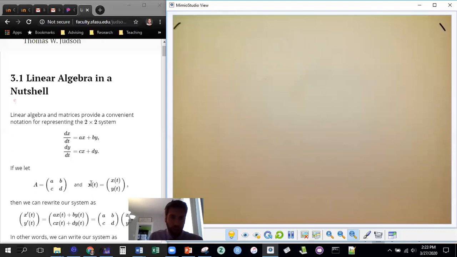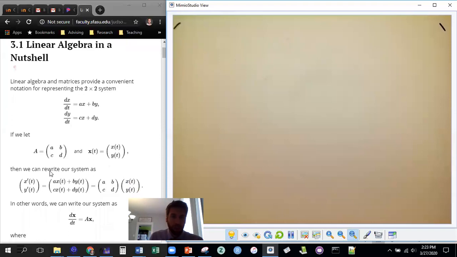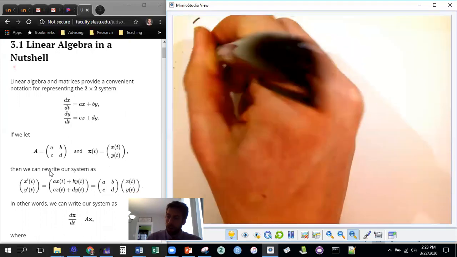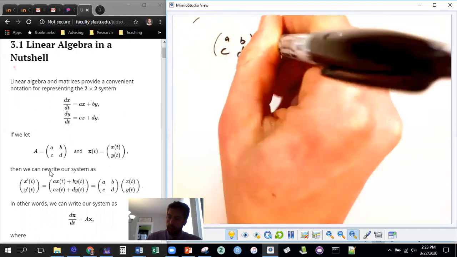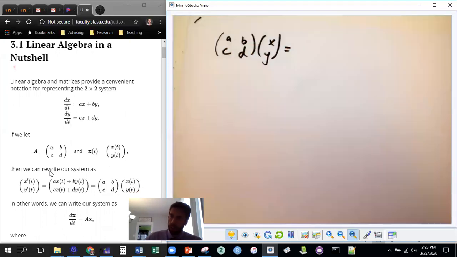So here, this is like a vector valued function, just like we would have in Calc 3. And this capital A is a matrix, which in this case is a 2 by 2 matrix, 2 rows, 2 columns. And so that makes 4 numbers. Now, matrix multiplication times a vector works like this.